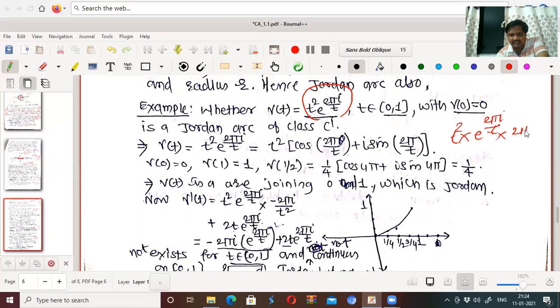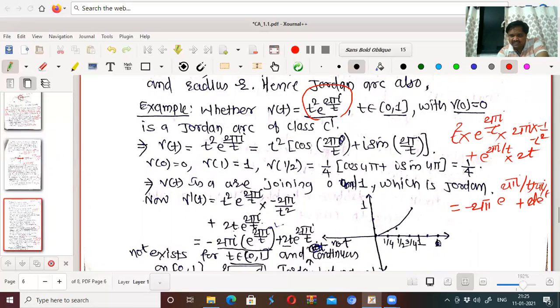The derivative of 1 by t is minus 1 upon t square, plus e to the power 2 pi i by t into 2t. The t square cancels, giving minus 2 pi i e to the power 2 pi i by t plus 2t e to the power 2 pi i by t.